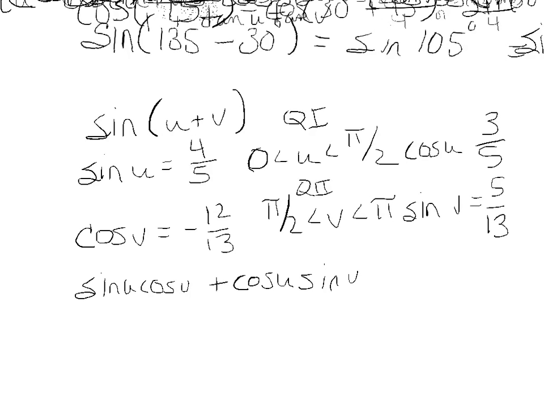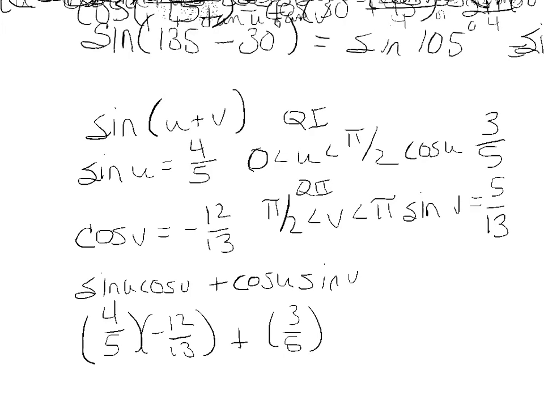Okay. Then you can just plug in those values here. The sine of u is 4/5. It's not the sine of 4/5. The value is 4/5. 4/5 times negative 12/13 plus the cosine of u is 3/5, and the sine of v is 5/13.